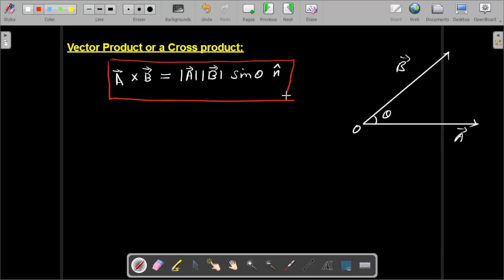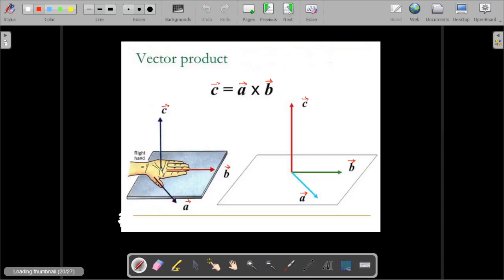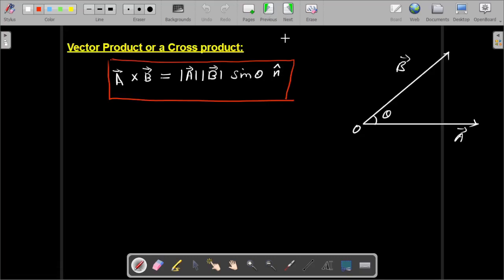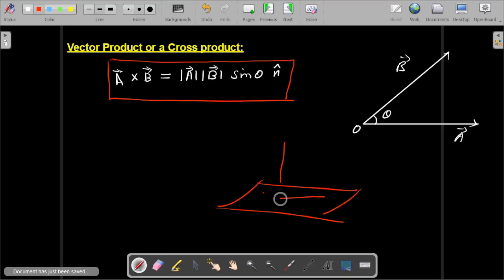So suppose this is a plane, two-dimensional, just one plane. The vectors A and B go in this way.